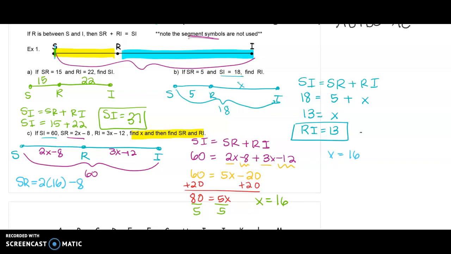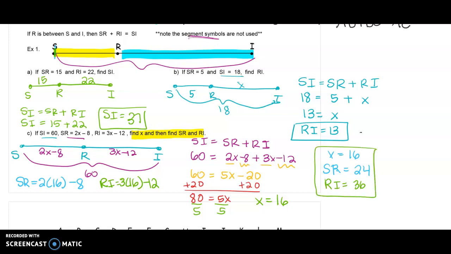So 2 times 16 is 32, minus 8 is 24. So SR is equal to 24. RI will then be 3 times 16 minus 12. 3 times 16 will be 48, minus 12 gives us 36. So RI is equal to 36.